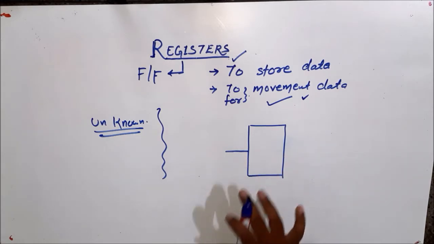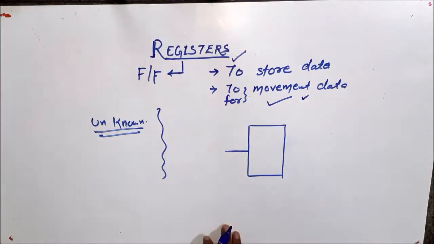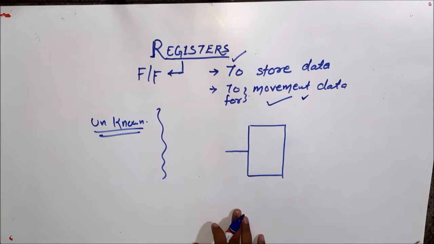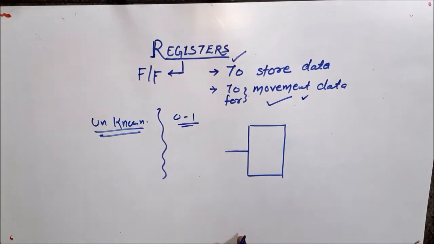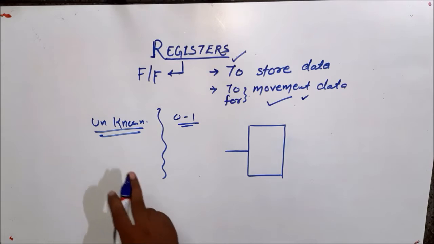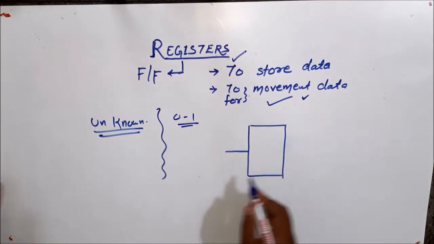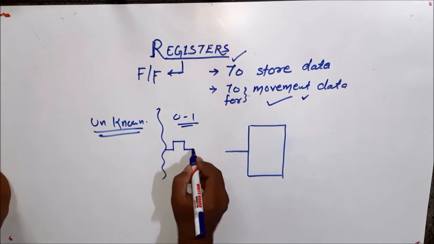This device needs some information and it has only one line, and this device can take binary information only, that means in zeros and ones format. So this source actually stores some value to give to this circuit, so it provides 1s and 0s in terms of square wave pulses.